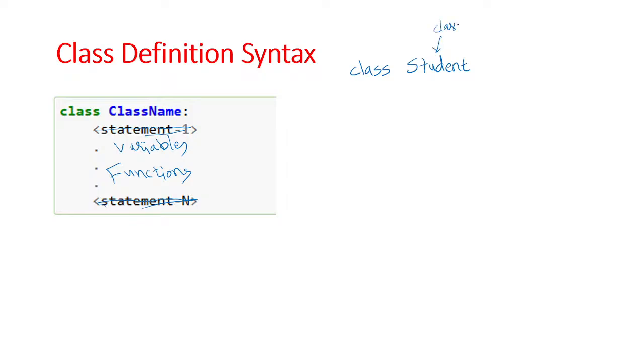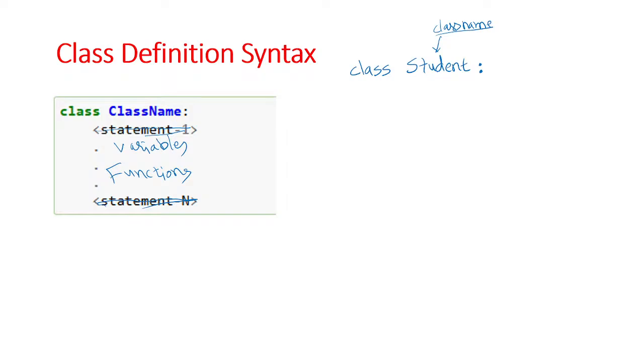You can give your own user-defined name here. If you are implementing a class for employee, then your class name becomes employee. Then the keyword class, followed by the class name, then followed by a colon. In Python it should be followed by a colon. Then here we can define attributes and functions.